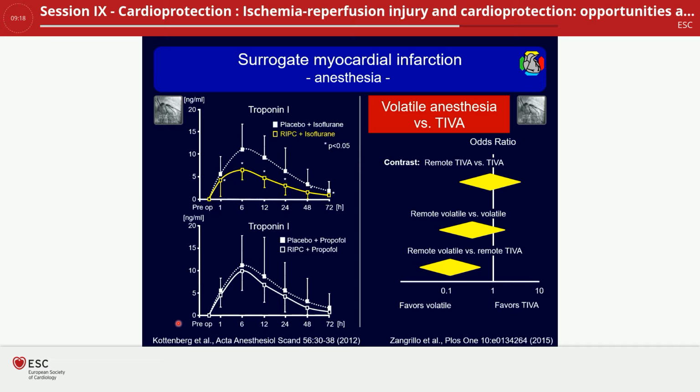And this initial finding that we published several years before was actually confirmed by a large meta-analysis where people also showed that TIVA, total intravenous anesthesia, mostly with propofol, abrogates the preconditioning effect. So you have to use a volatile anesthesia, either enflurane or isoflurane, to actually benefit from that.